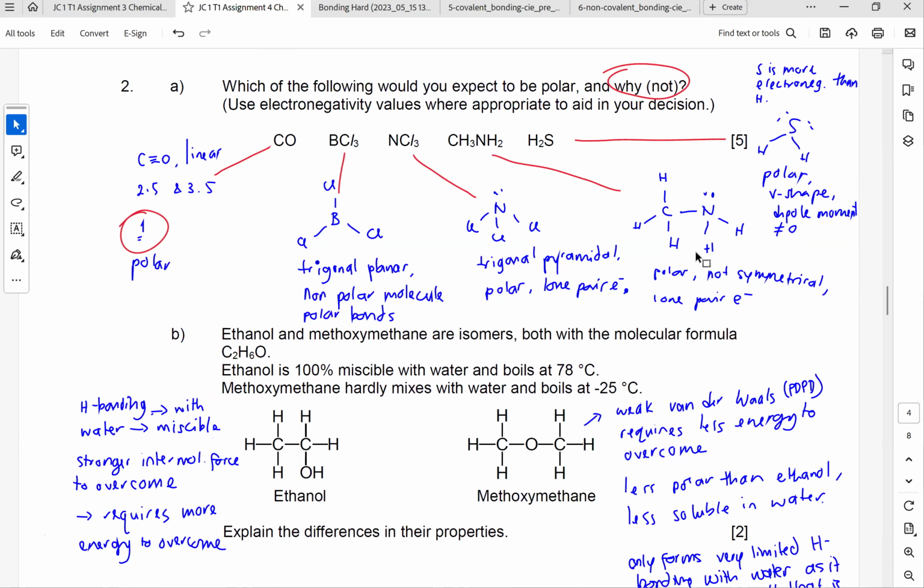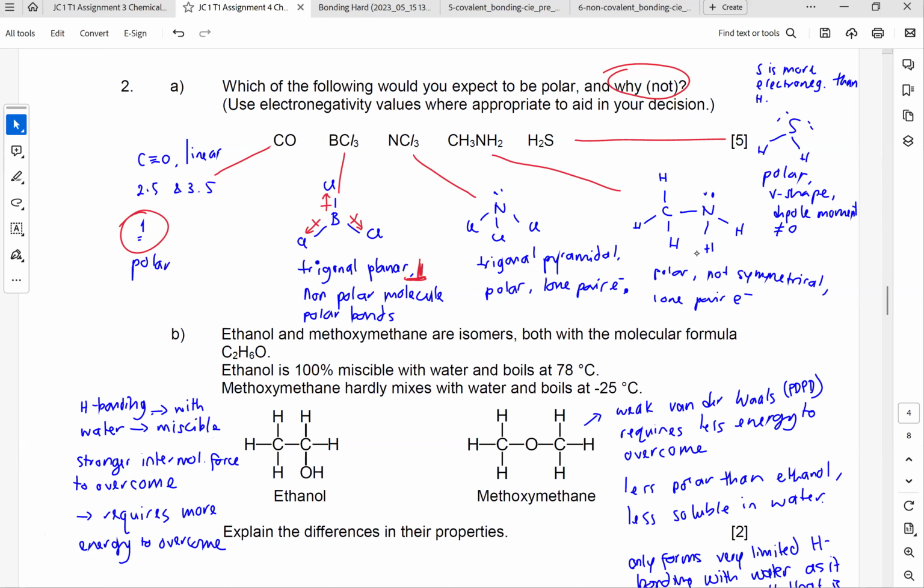For BCl3, I need to consider the geometry as well because I know that Cl is a more electronegative element. So the dipoles go like that towards the Cl, but because of the symmetry of the geometry, which is trigonal planar, and you have to mention the name of the geometry, then the dipoles cancel each other.